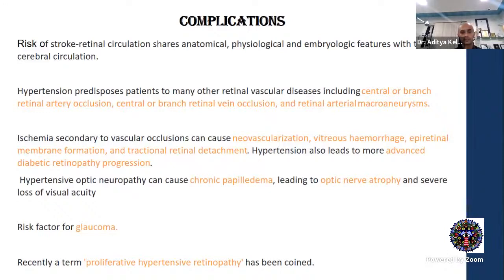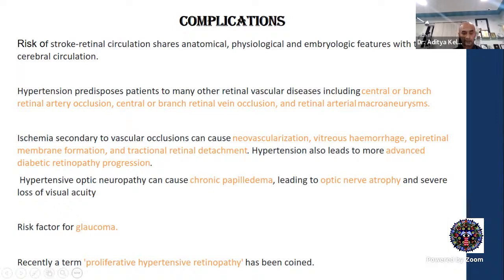Hypertension predisposes the patient to many retinal vascular diseases such as retinal vein occlusion and artery occlusion, as we have seen in some of the cases that I discussed with you previously. Also, ischemia secondary to vascular occlusion can cause neovascularization, vitreous hemorrhage, ERM formation, and tractional detachment. So all these things will happen if the patient has the above mentioned conditions, and therefore these patients require regular follow-up care with the ophthalmologist.